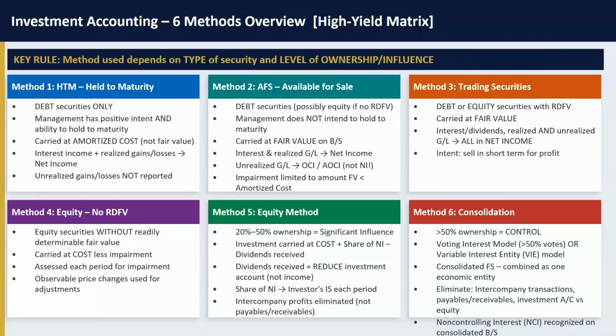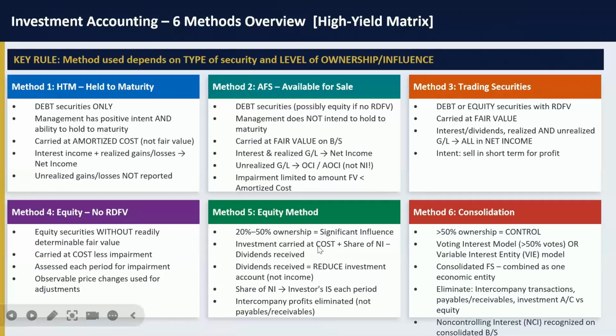You will not wait for them to declare a dividend. It is your income also. You have the right of receiving 30% of their net income. So as soon as you have the significant ownership, you will just record the net income, whatever they gain, up to the extent you have to receive from them. Directly you can enter.